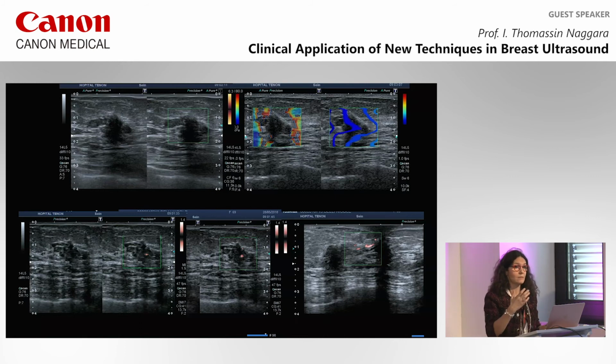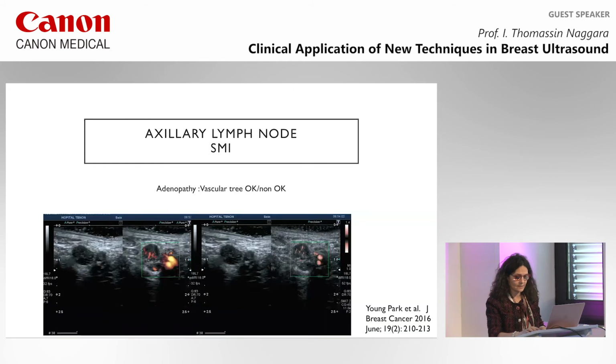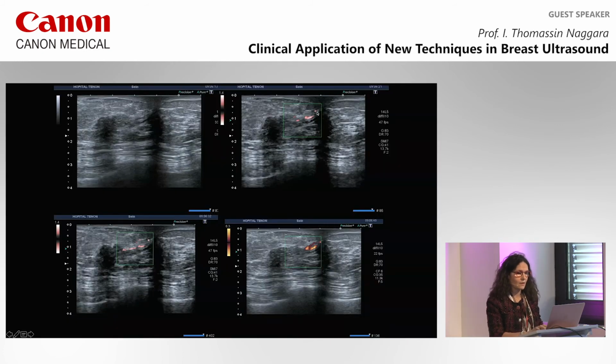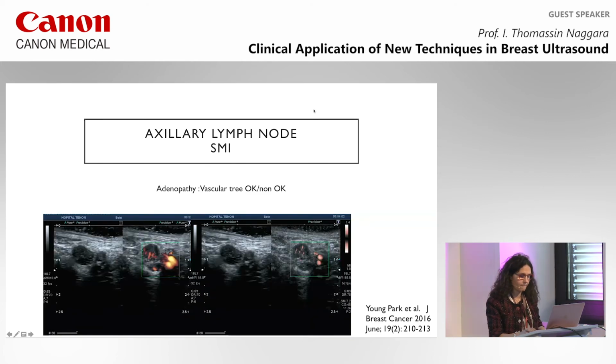So by combining both techniques, you can decrease your number of false negatives. In this patient, when we apply SMI, it helps you to detect a little flow between the mass and the nipple, and this patient has a complete invasion of the nipple.